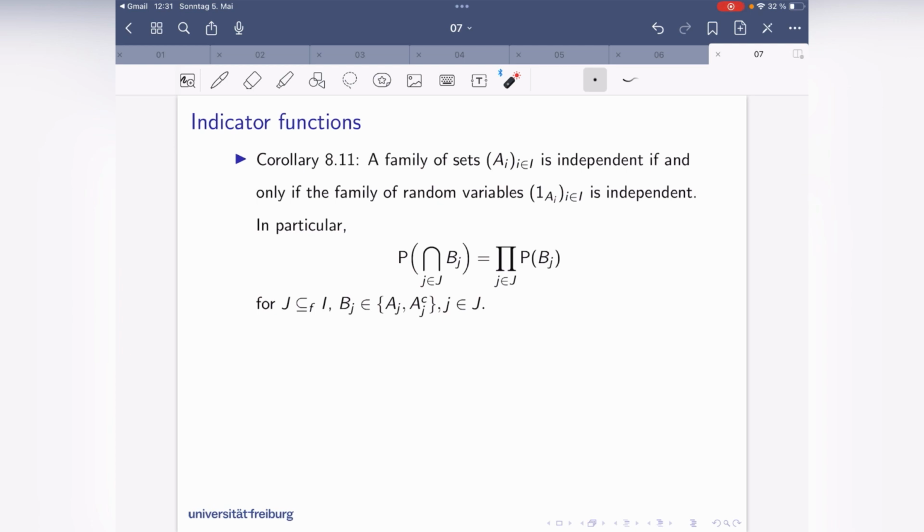So if you have that sets A_i here are independent, then the family of random variables 1_{A_i} is also independent. In order to prove this, okay, what does it mean at all? 1_{A_i}. So what is the sigma algebra of 1_{A_i}?